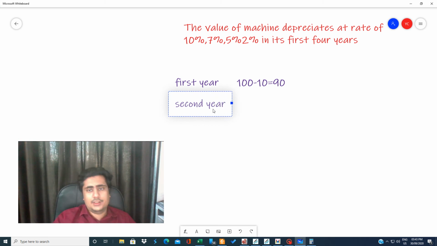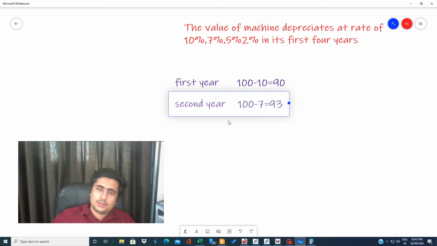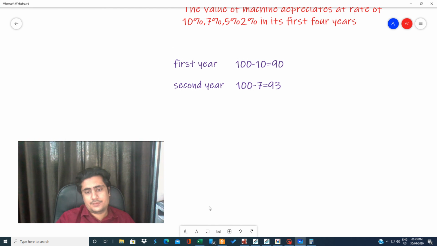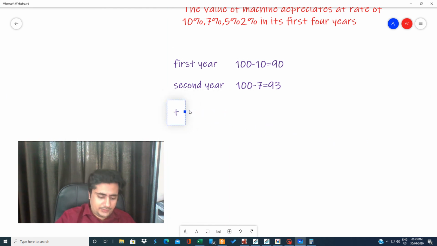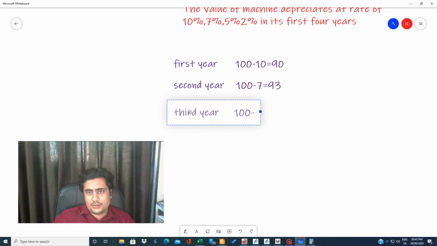The same way in second year it is 100 minus 7, 93. Similar way in third year, 100 minus 5, 95.